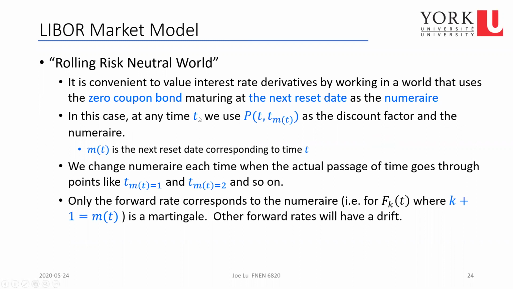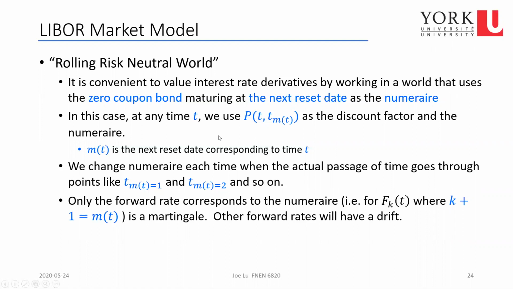Now, if we have a time t, this time t could be what we have right now, or as we evolve in the simulation, this t will take a different value. Then this t m is always the next reset date.